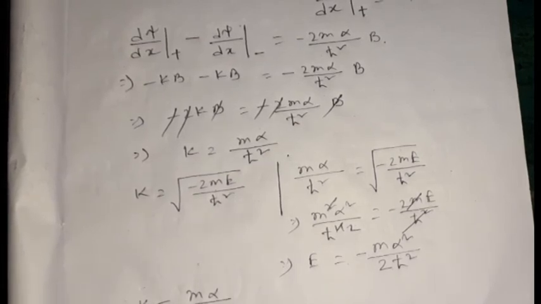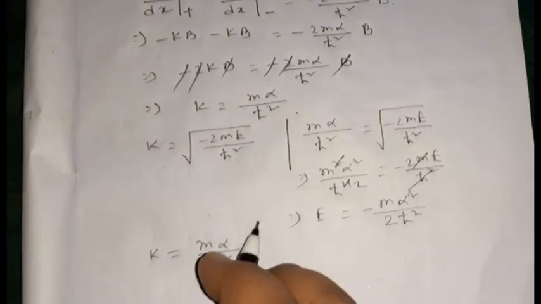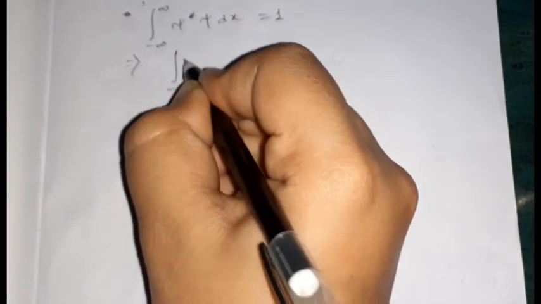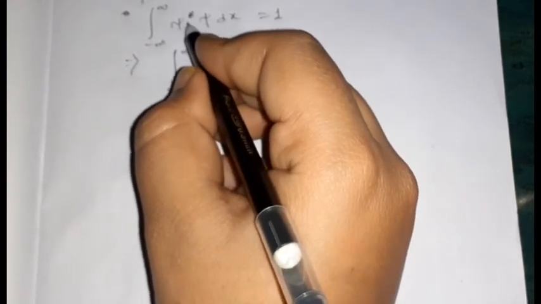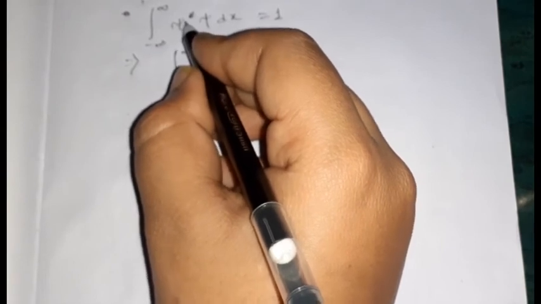You can easily do that by using the normalizing condition, which says that the integral from minus infinity to plus infinity of psi star psi dx is always 1. That means the probability of finding the particle from minus infinity to plus infinity is always 1. Now psi star means the complex conjugate of the wave function psi.